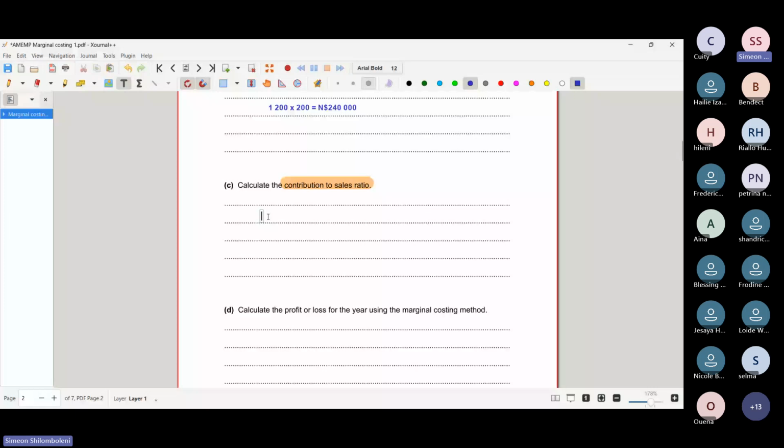You can either say contribution per unit divided by selling price per unit multiplied by 100.